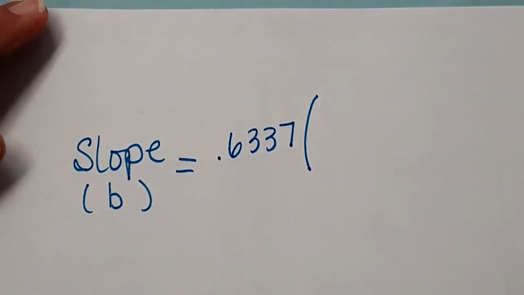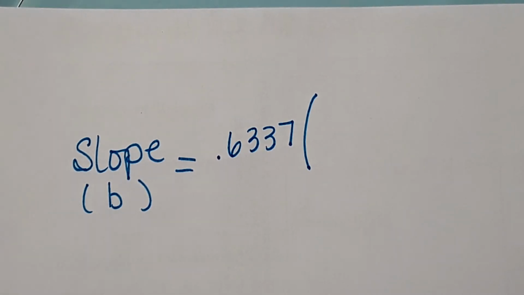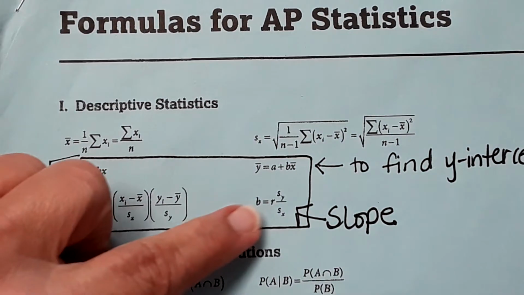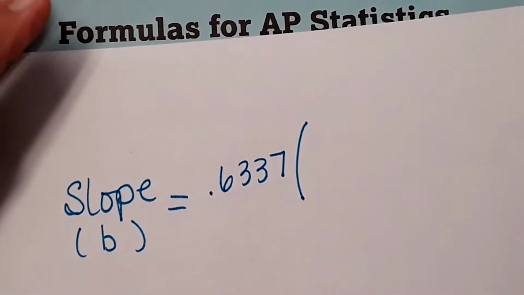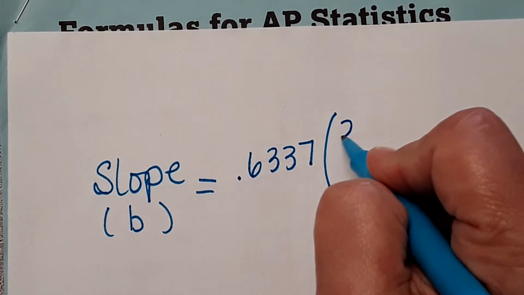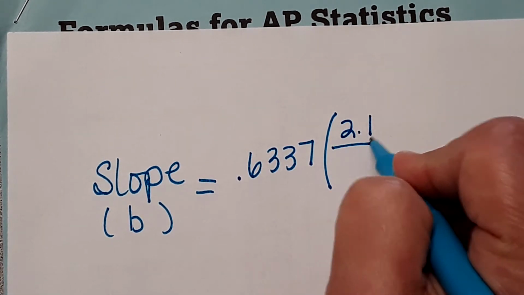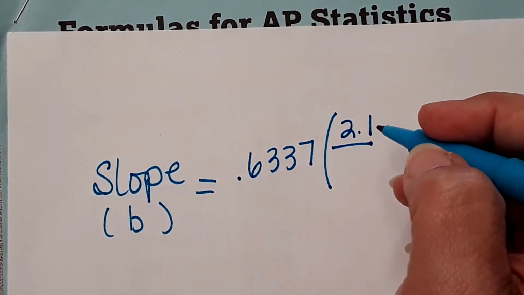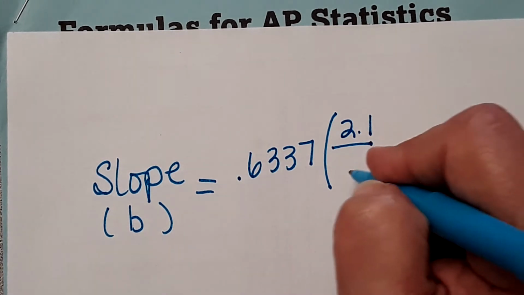So it's the standard deviation of y over the standard deviation of what? X. So what is the standard deviation of y? Okay. And the standard deviation of x? 13.17.